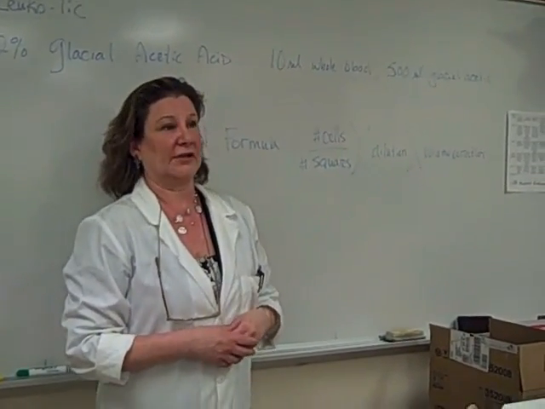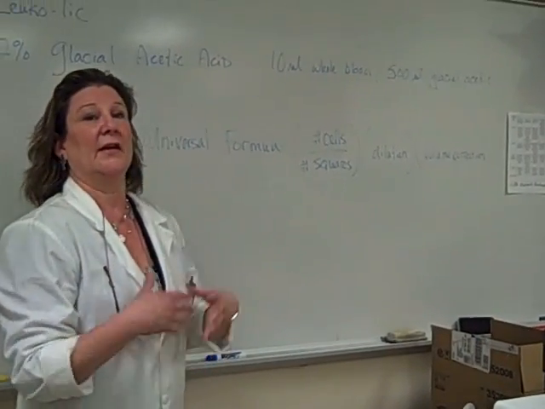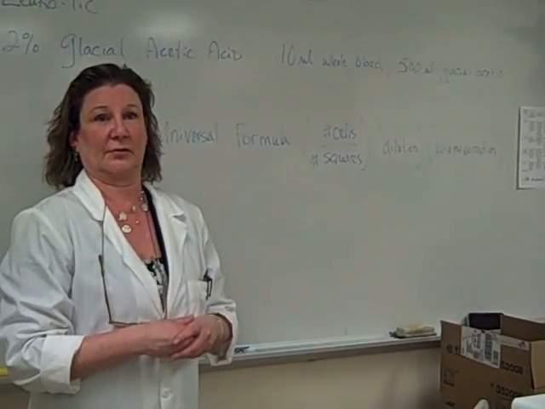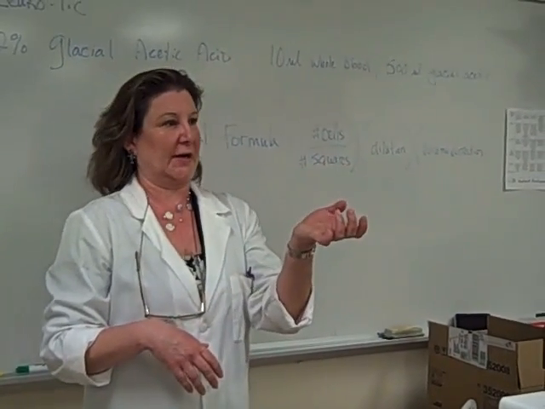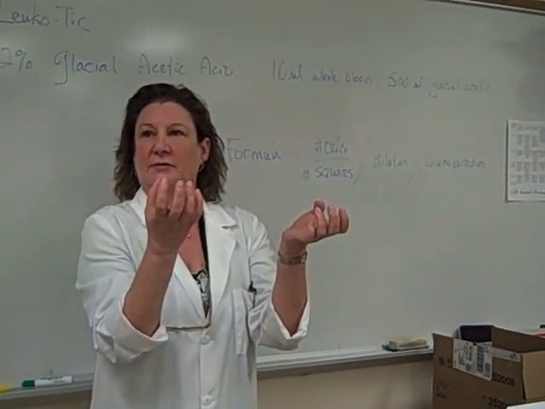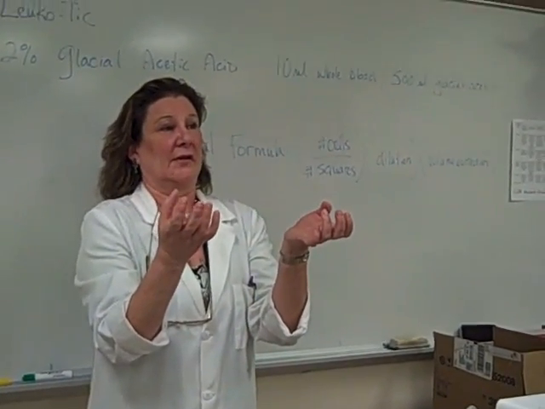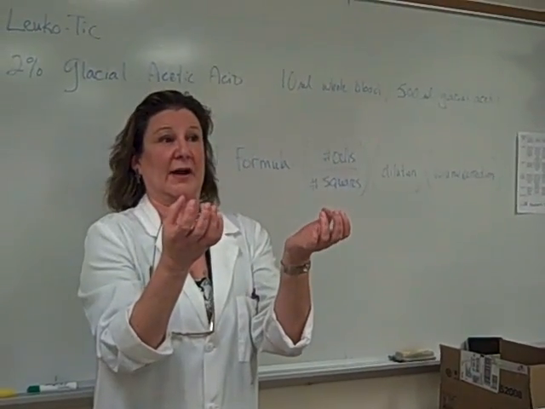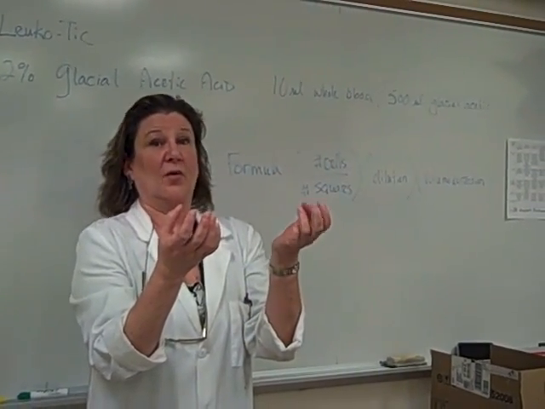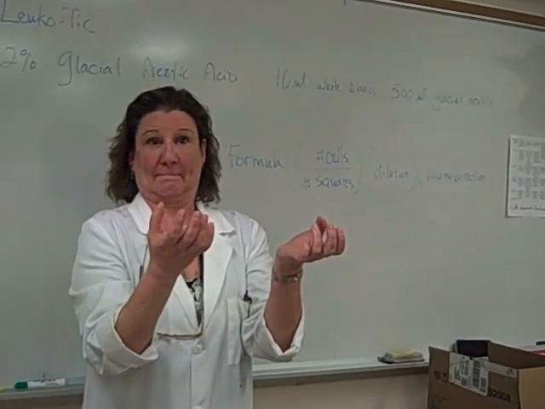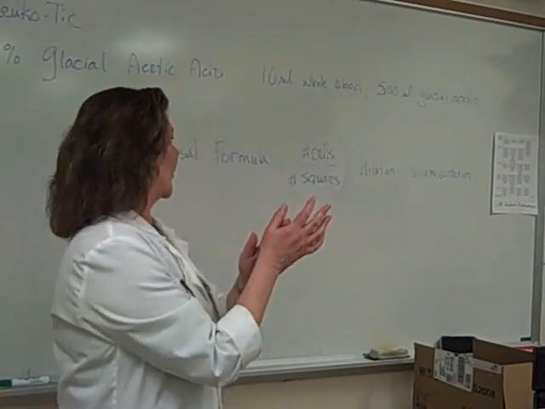So 510 divided by 10 gives me a 1 to 50 dilution. It's just like if you take 1 part blood and 1 part dilution or diluent, you have a 1 to 1 ratio, right? But what's your dilution? 1 to 2. So that's how you figure out dilutions.